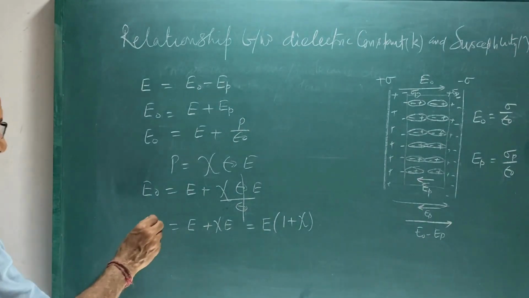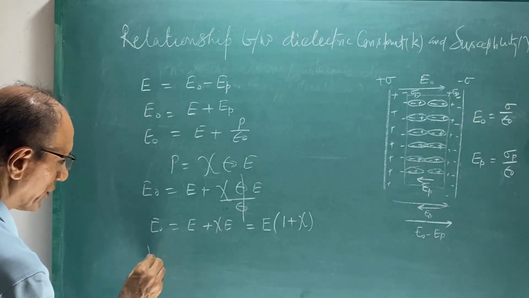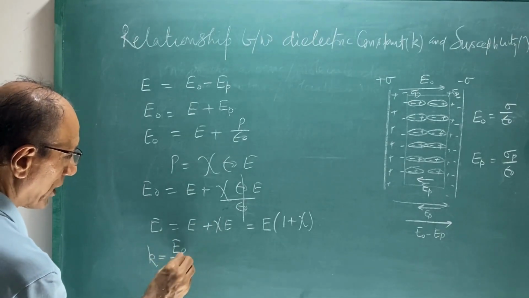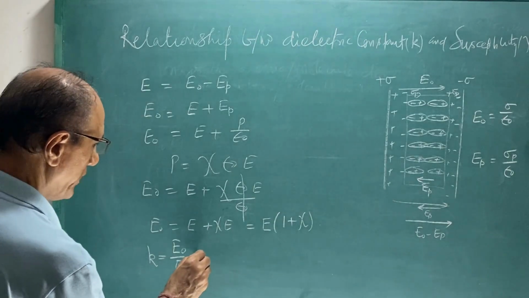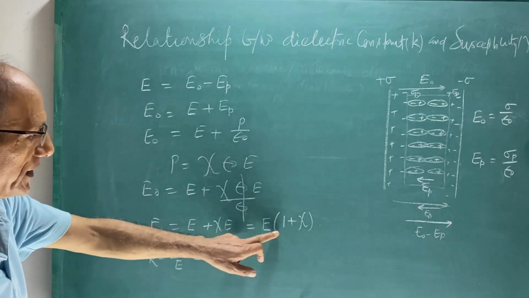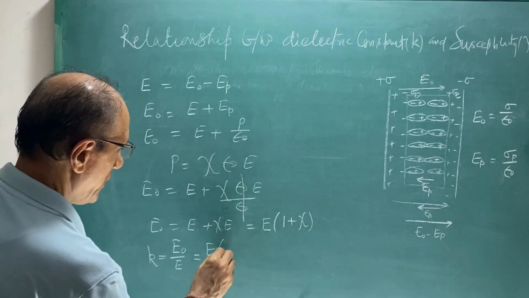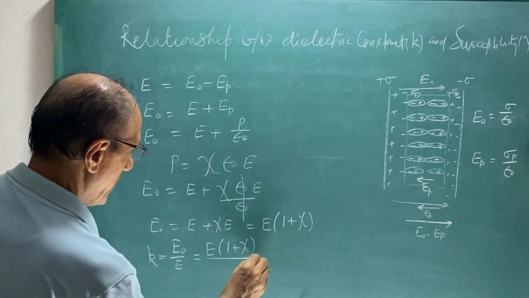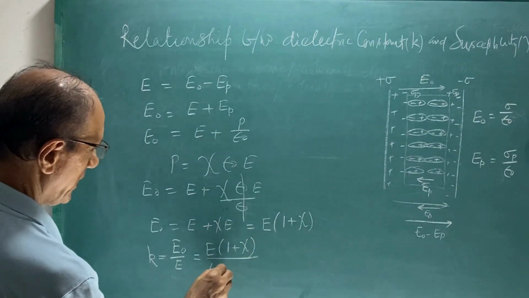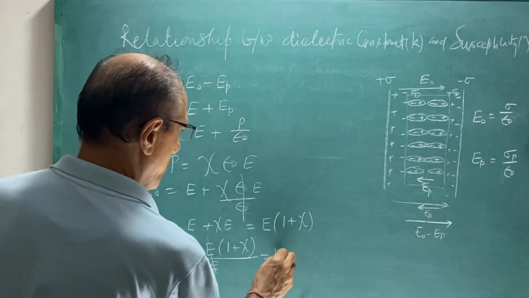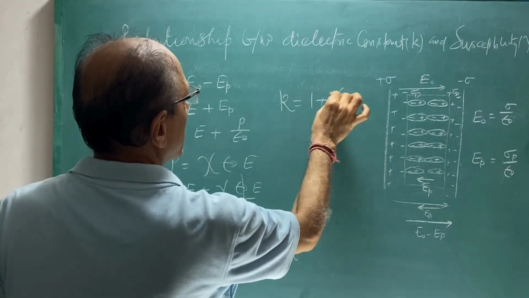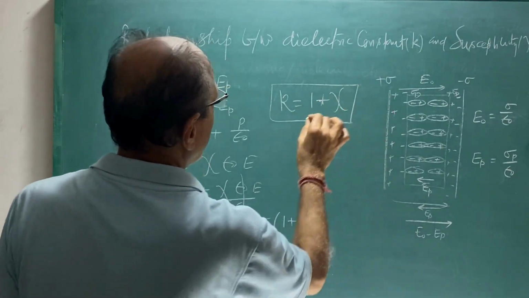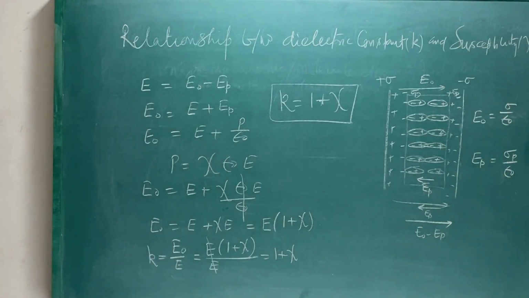We also know that dielectric constant K is E naught upon E. That means we can have this E naught equal to E into 1 plus chi and upon E, so they will cancel out, so it will be 1 plus chi. So dielectric constant K is 1 plus chi.